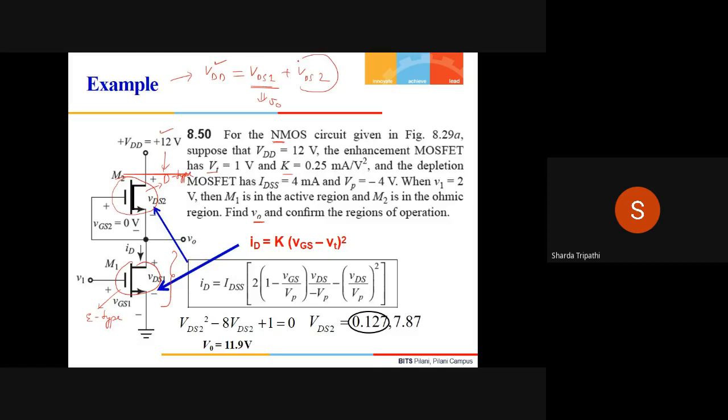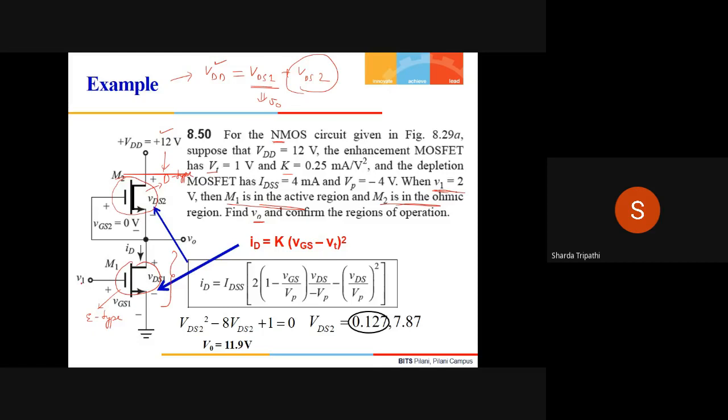To find it, what do we have to find? We have to find VDS2, that is, the voltage drop across the drain and source of this depletion type MOSFET first. Now the good thing is they have themselves given that V1 is equal to 2, and when V1 is 2, M1 works in the active region and M2 works in the ohmic region.